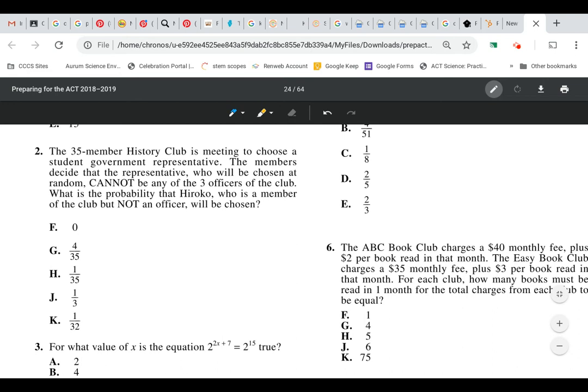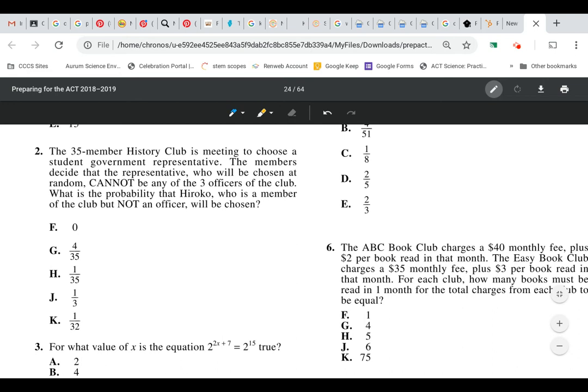And the probability of choosing randomly cannot be any of the 3 officers of the club. What is the probability that Hiroko, who is a member but not an officer, will be chosen?